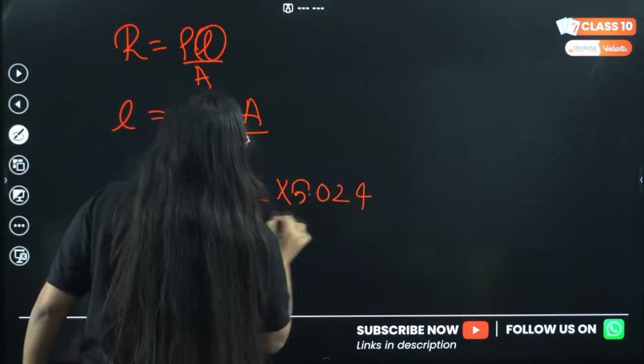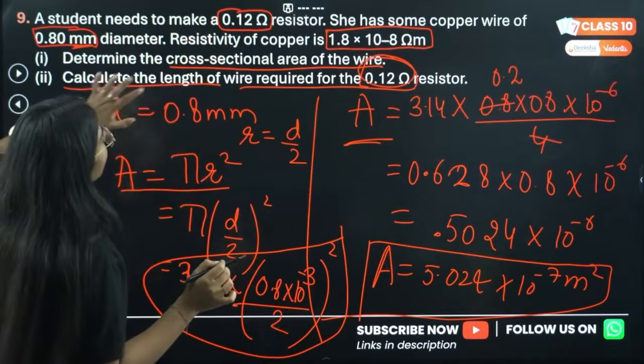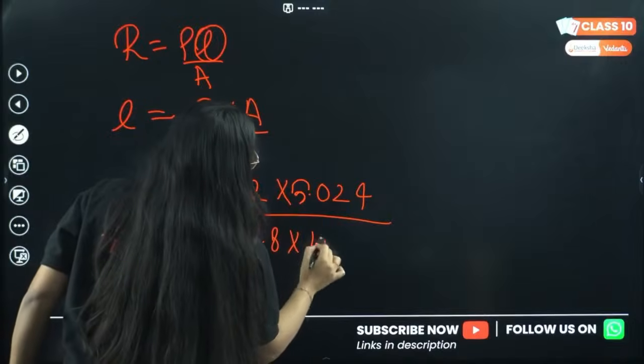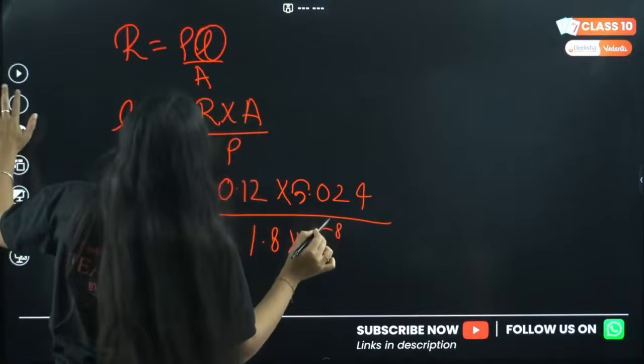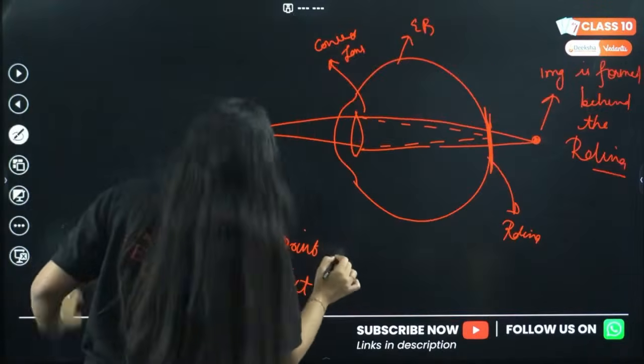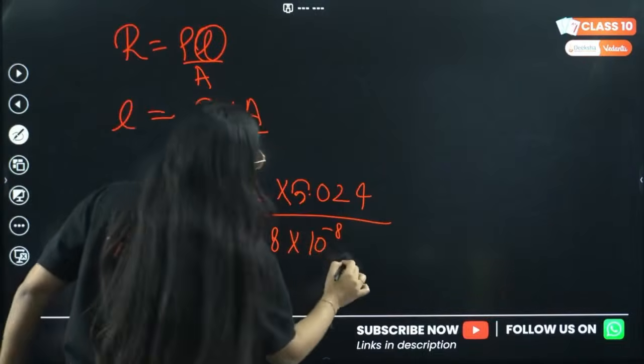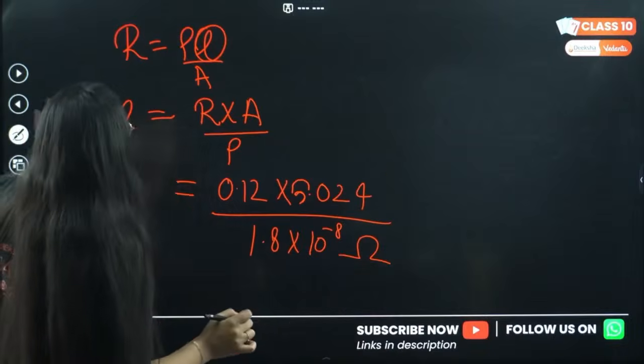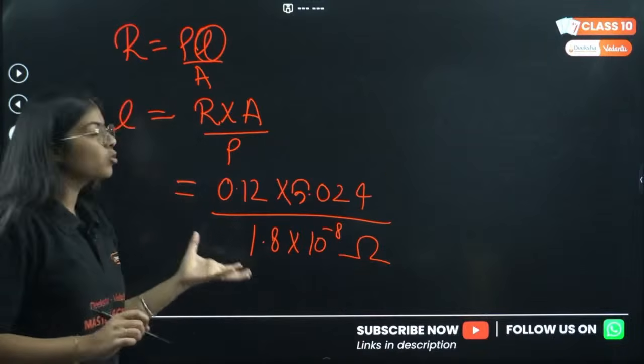5.024, okay, and the resistivity I had was 1.8 into 10 raised to power minus 8 ohm. Correct? Yeah, correct. Okay, now can you solve this?